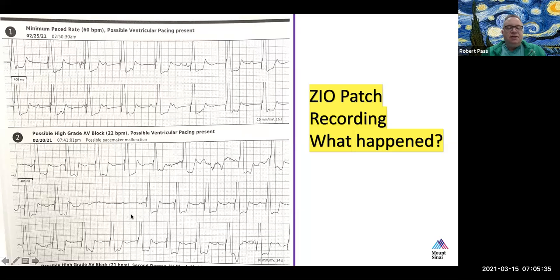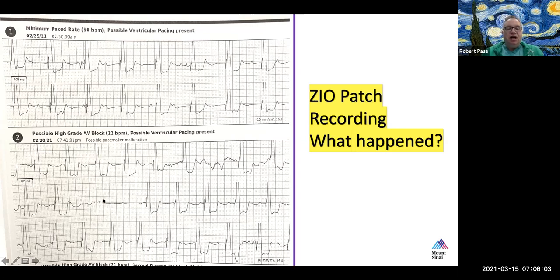So we're pacing along. It looks like we're pacing at a rate of about 60 beats per minute. And then all of a sudden, there's these P waves and there's no obvious pacing, right? So why do you think this patient stopped pacing?